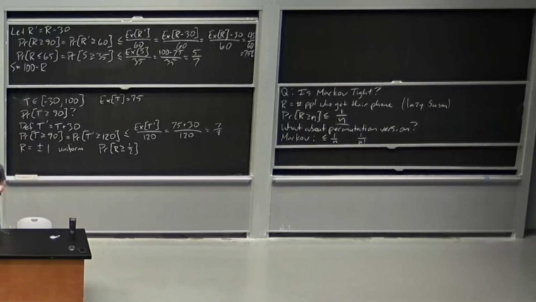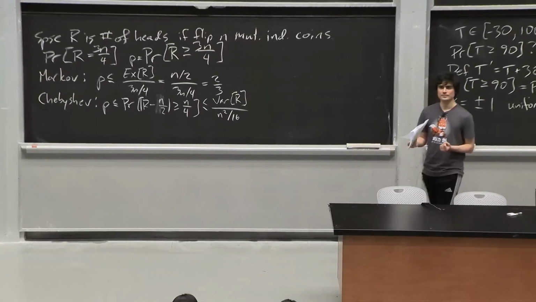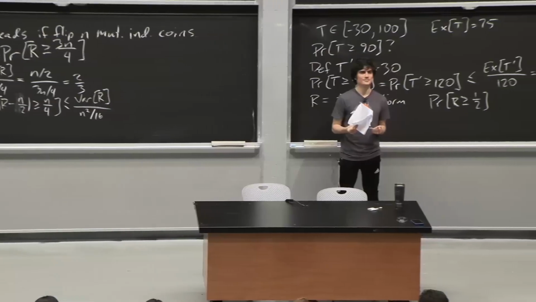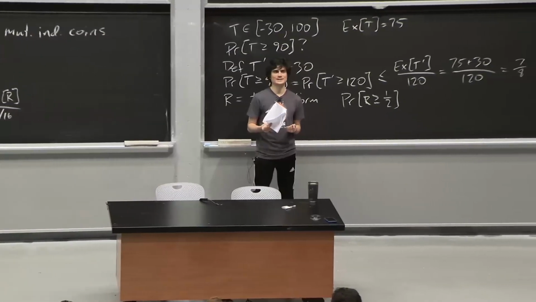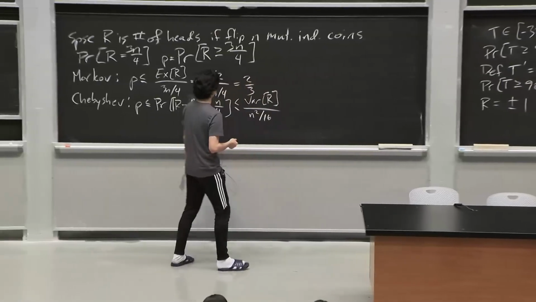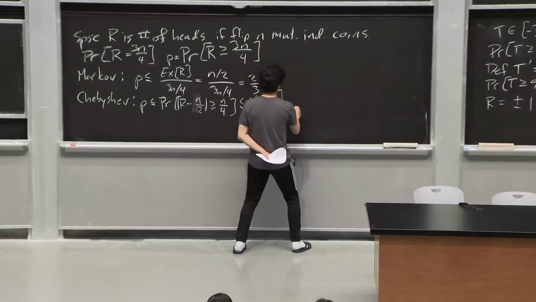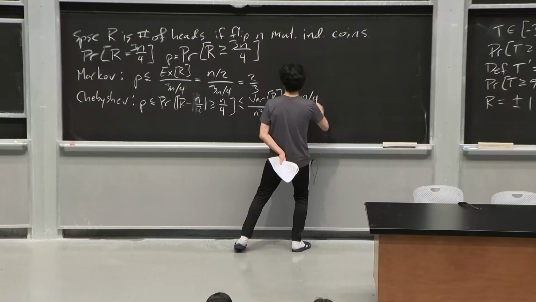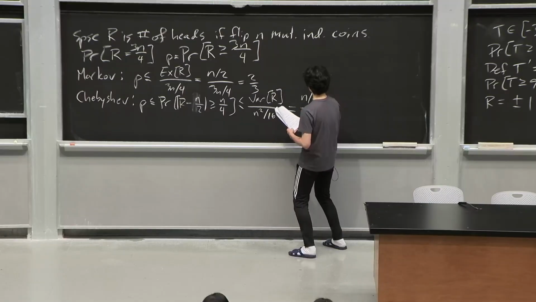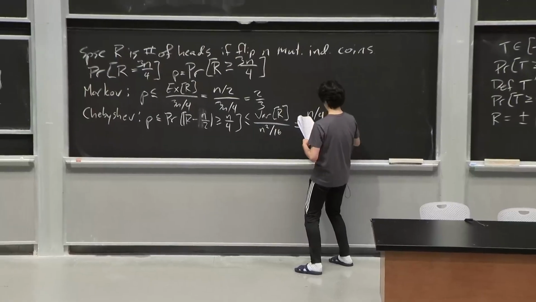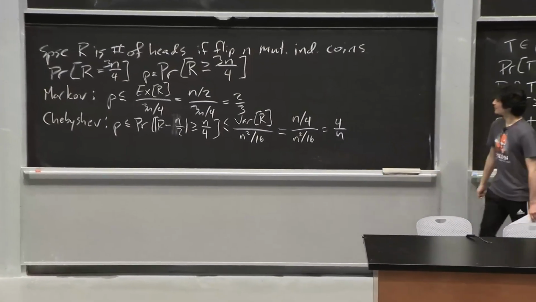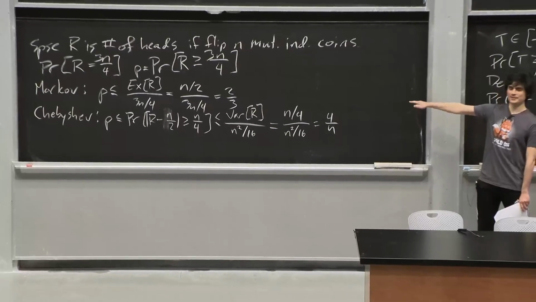What's the variance of a single indicator? Yeah, n over 4, well, for R, not for a single one. So n over 4 divided by n squared over 16 equals 4 over n. So much better than the 2/3 we just got.